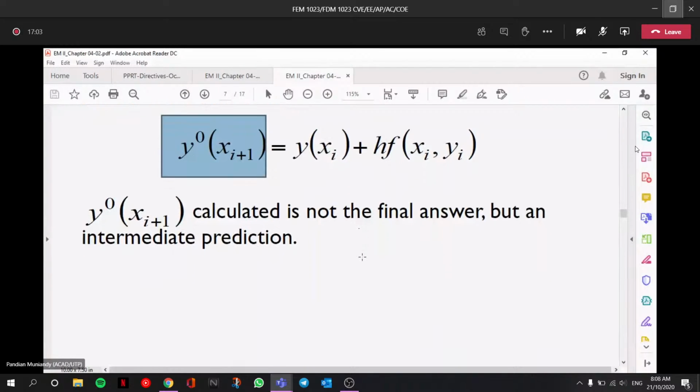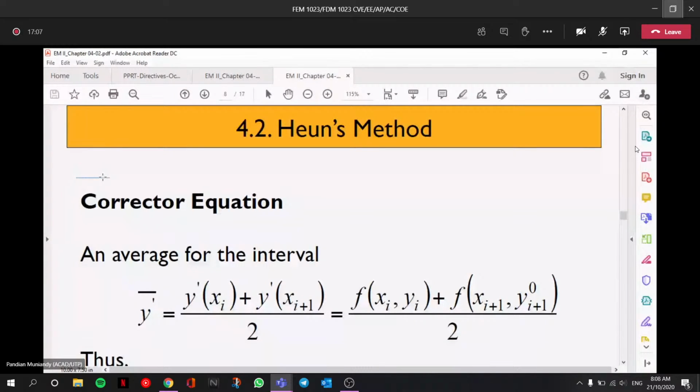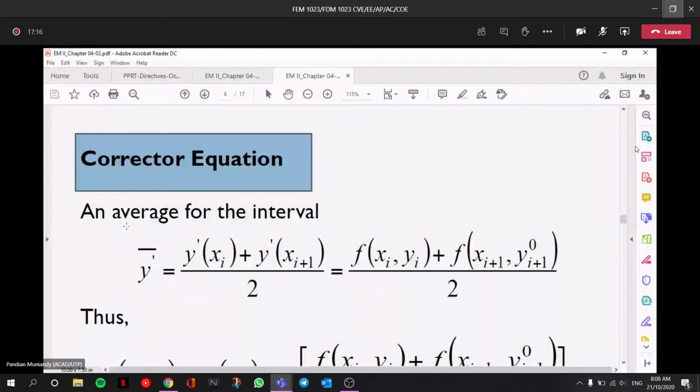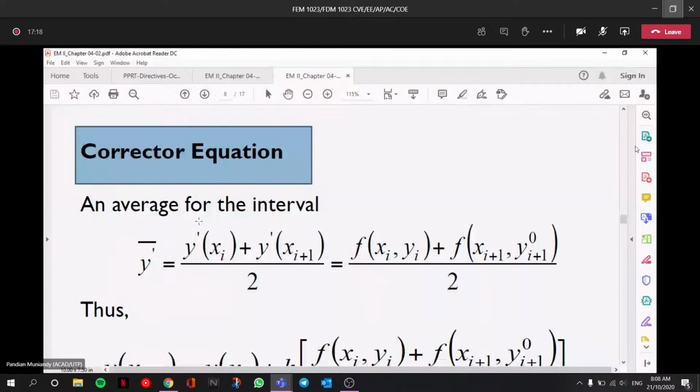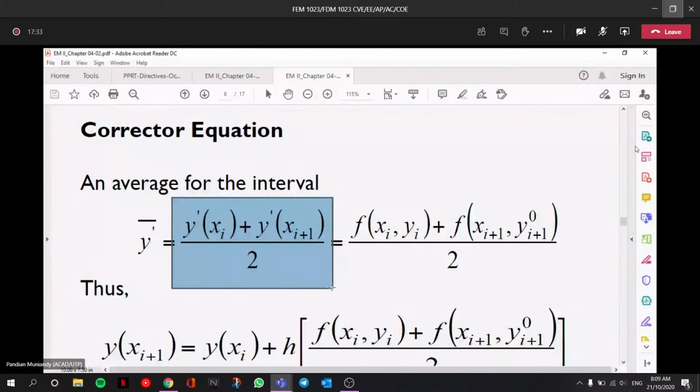After this, you have to find the corrector equation. In the corrector equation, we have to take the average for the interval. This is the average, y dash bar, equal to y dash x_i plus y dash x_{i+1} divided by 2. This is what was explained just now, the average.